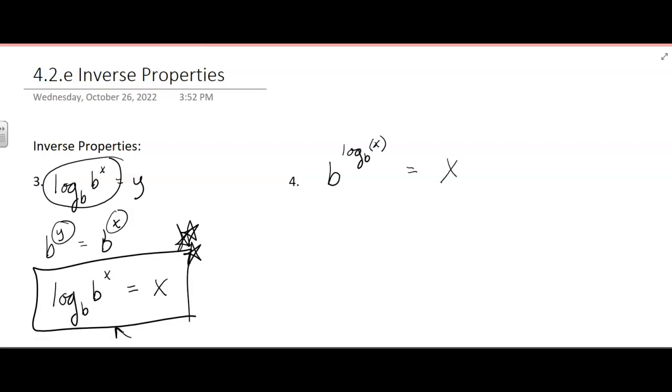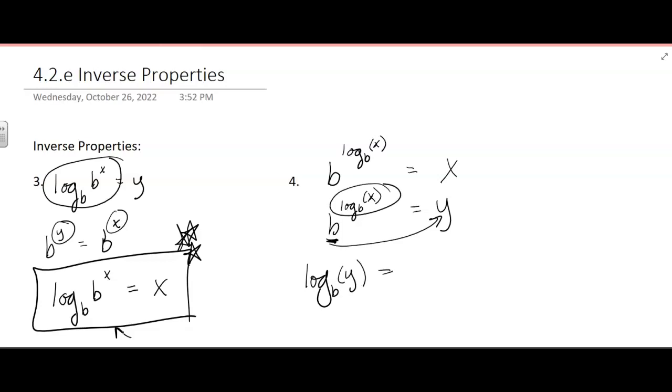that whole thing just equals x. And again, you could say, let me make it equal to y. Say you don't know what it equals, even though I just told you. If you wrote that in logarithm form, it'd be log, here's the base, b, of, you have to go over here to get the argument, y, and that would equal the exponent, log base b of x.